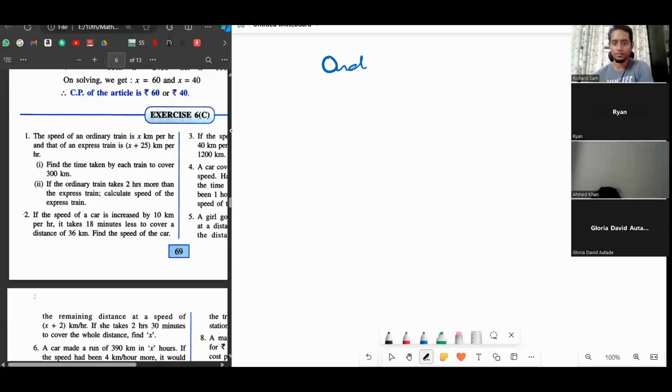We have our ordinary train and we have the express train. So for the ordinary train, what all do we have? Speed, x kilometer per hour. So the speed here is x kmph.